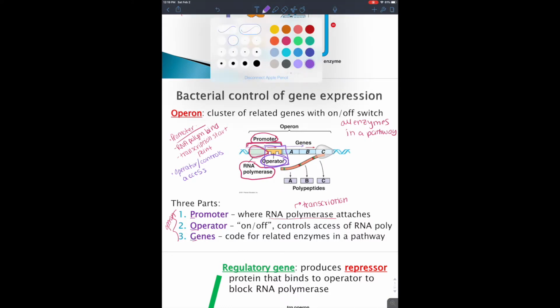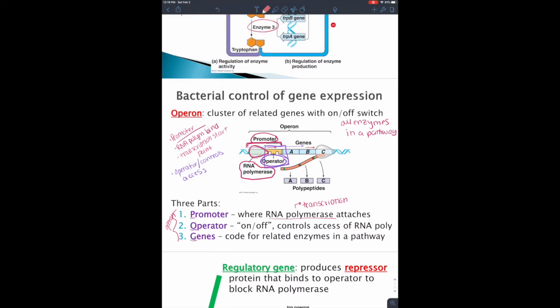Our final piece in this operon, again, I'm talking about the pieces of an operon, the 3 pieces. The last piece is the gene itself. Genes code for enzymes. Remember, a gene is a segment of DNA.